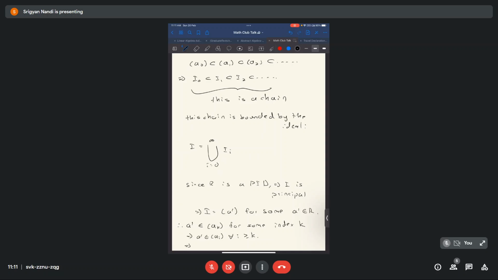That implies that Ai is the same as A' for all i greater than or equal to k.